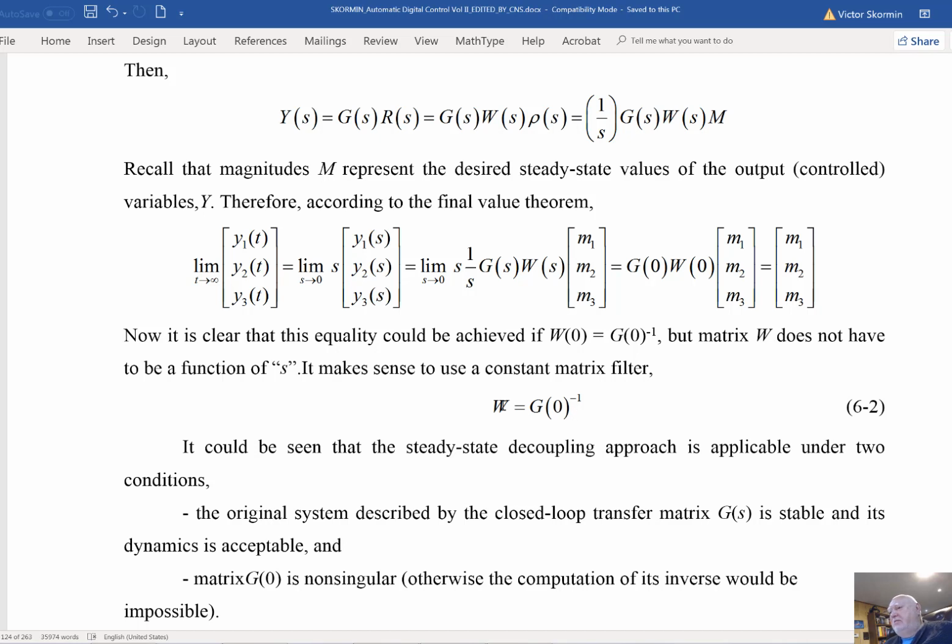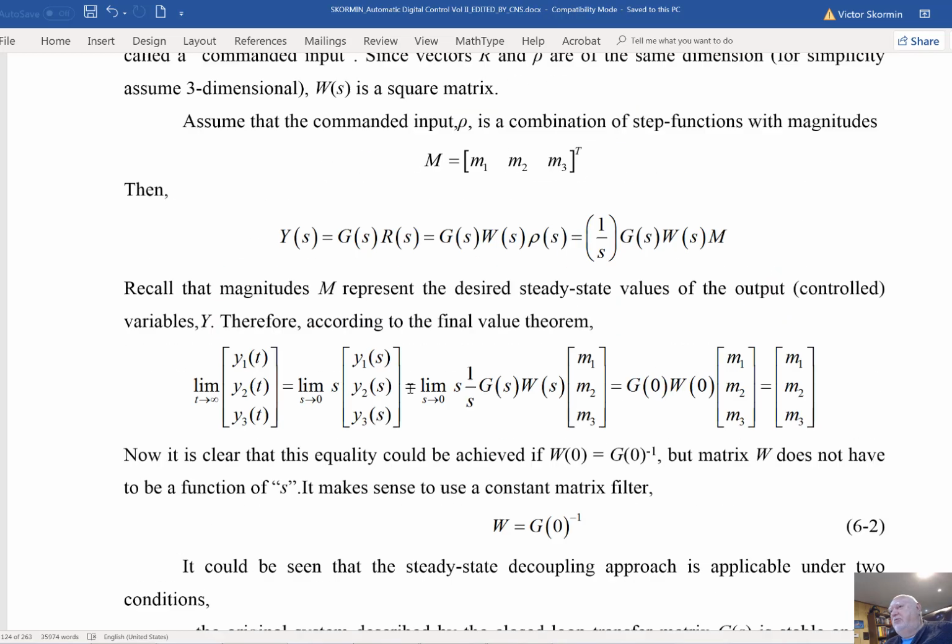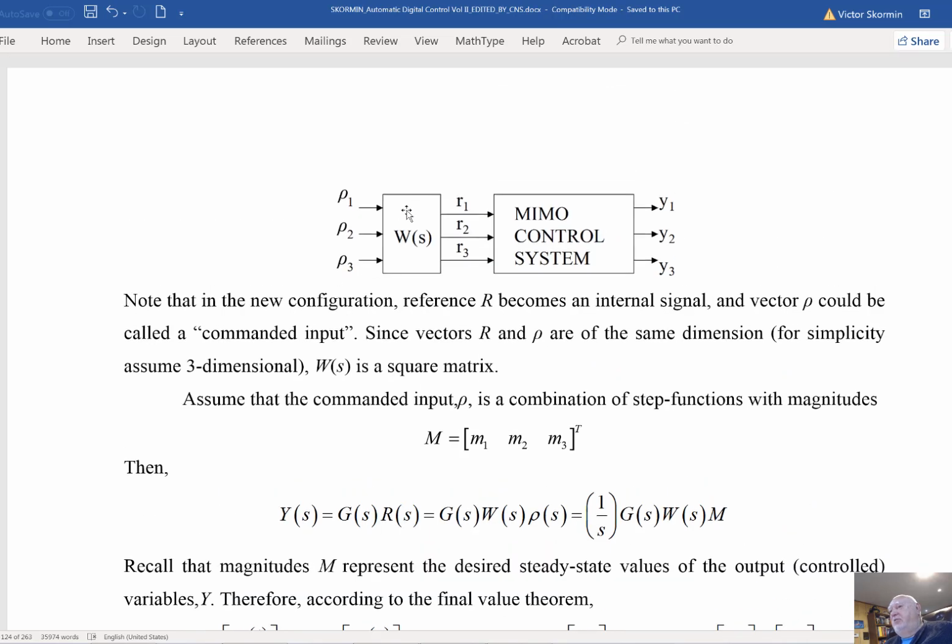So it looks like your first step in achieving this goal is to get this transfer matrix, replace S by 0, get a square matrix, and then invert it. The inverse of this matrix will give you this filter W. And then, if you insert this filter W, you will achieve the decoupling result.